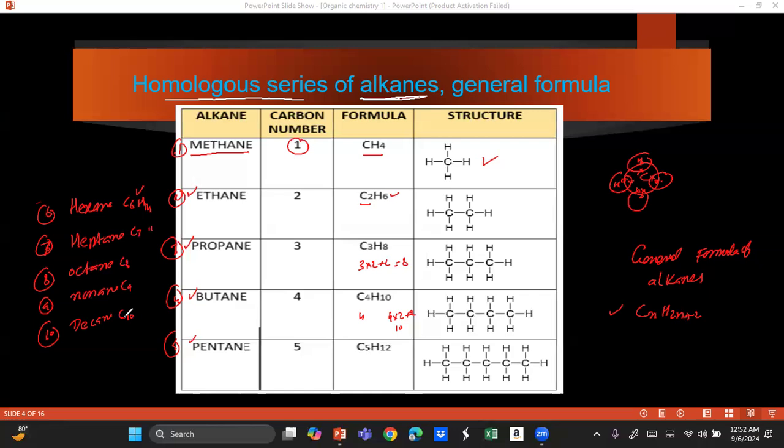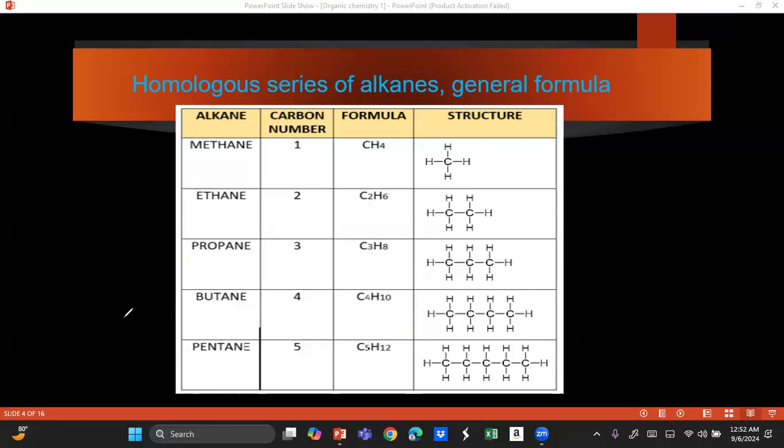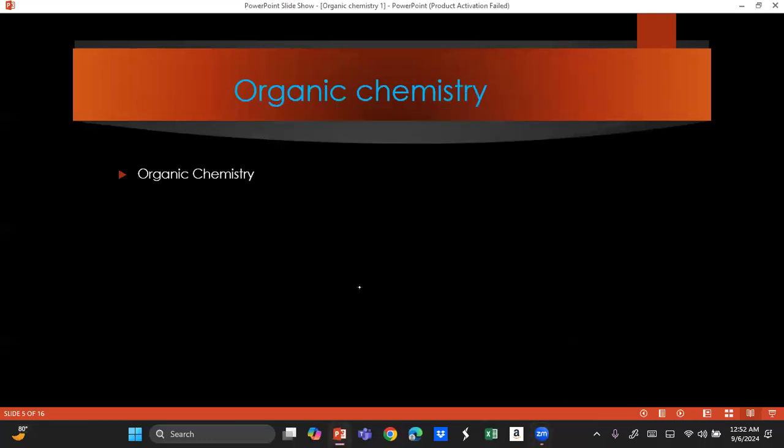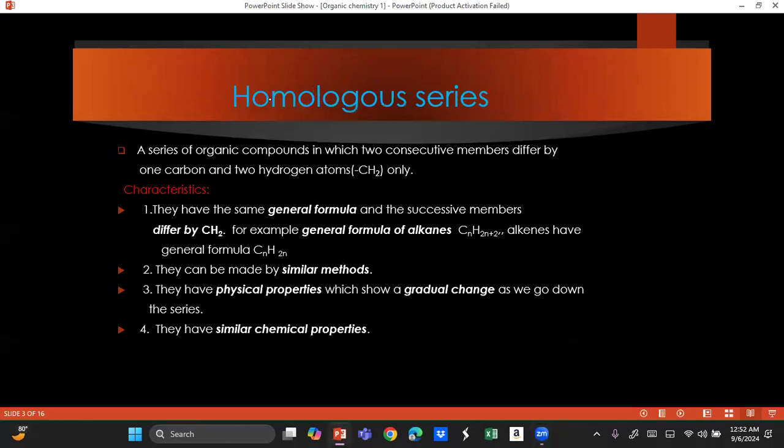Let's discuss this in the characteristics of homologous series. You must keep in mind that the definition of homologous series can be asked in the paper, and it carries 2 marks. First, you need to know the definition of homologous series.